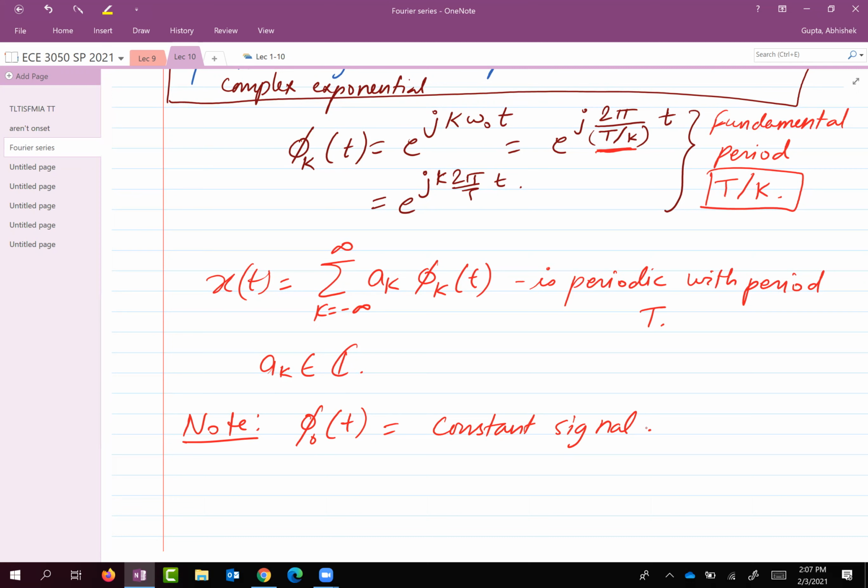So a constant signal is, of course, periodic with any period capital T. So there's no problem with having a constant signal in x of t.